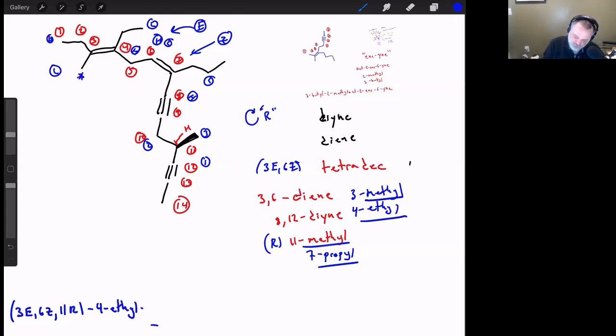Then I've got 3,11-dimethyl. 7-propyl. Now we've got that, we've got that, we've got that, we've got that. So we need to do the tetradec.